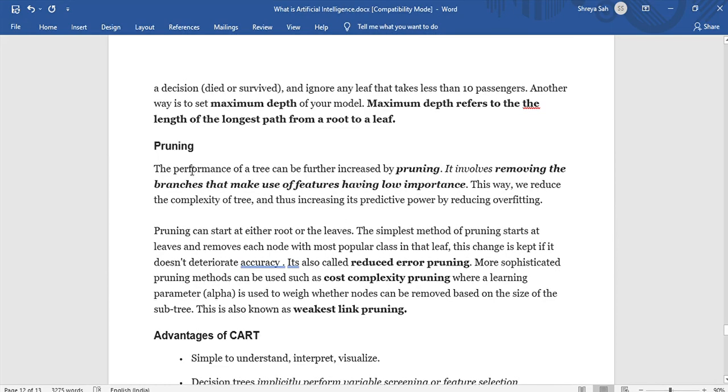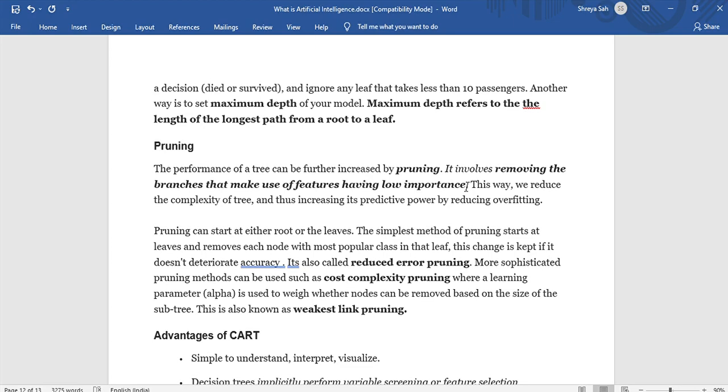Then we have something known as pruning. So what is pruning? The performance of a tree can be further increased by pruning. It involves removing the branches that make use of features having low importance. In a data set, we have different kinds of data. We majorly collect data which are important, but we also collect data which are not very important, like when we are making a regression table.